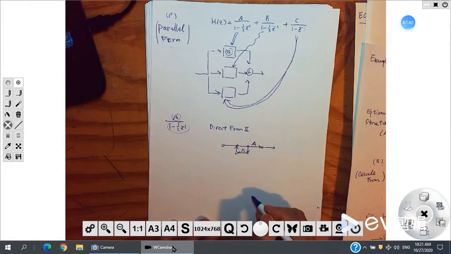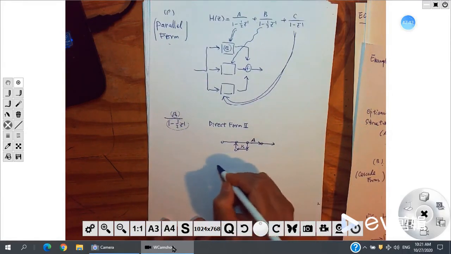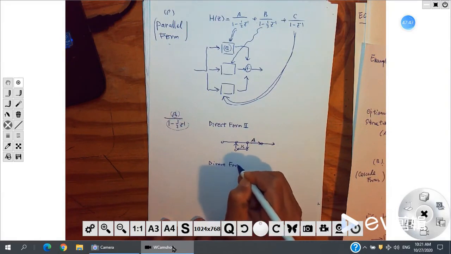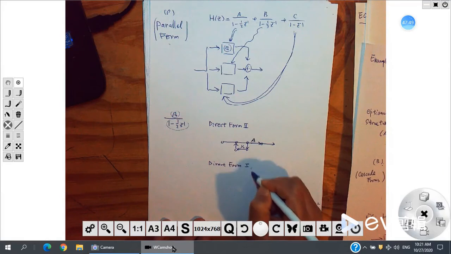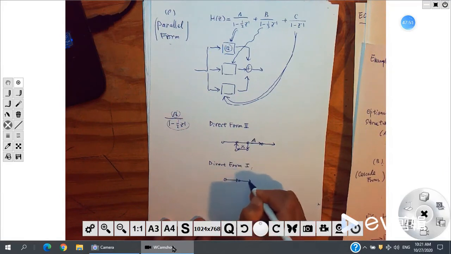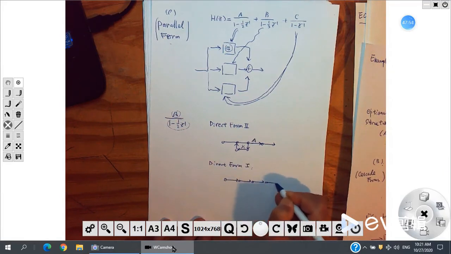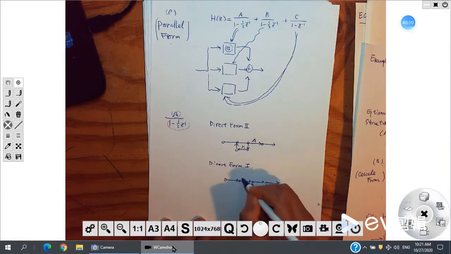Direct form 2. If you use direct form 1, here's this one, a form 1, then forward, the feedback will be here. Feedback will be here. This is 1/2 feedback, and this numerator part is A here.